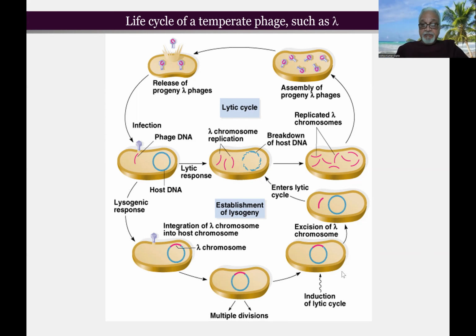But when the host cell gets damaged, the induction of the lytic cycle takes place, and as a consequence, the phage DNA comes out of the host chromosome, enters the lytic cycle and follows the same steps. The phage DNA multiplies, gets packaged, and the progeny viruses are released. That's how these phages complete their life cycle in bacteria.